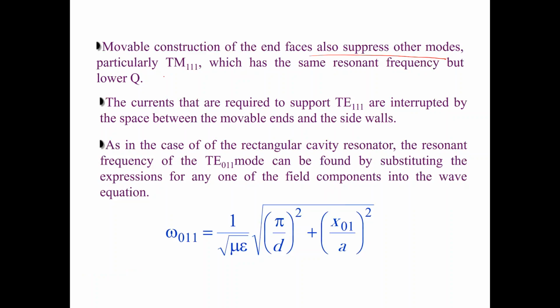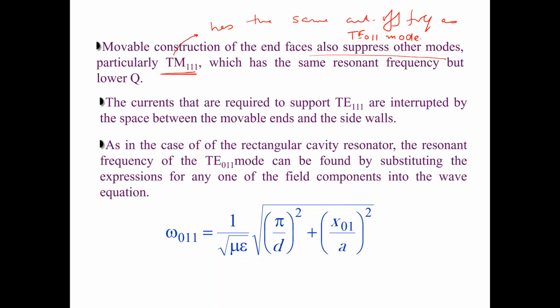So when I have this movable construction, the TM11 mode has the same cutoff frequency as the TE011 mode. It has exactly the same cutoff frequency. However, when I have the movable term, this mode is not really supported.